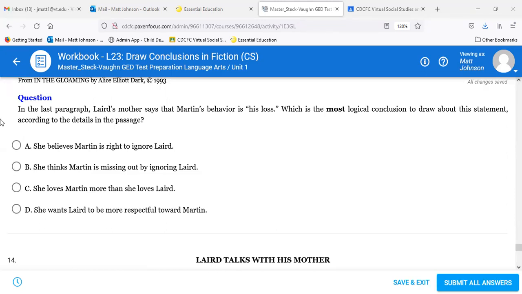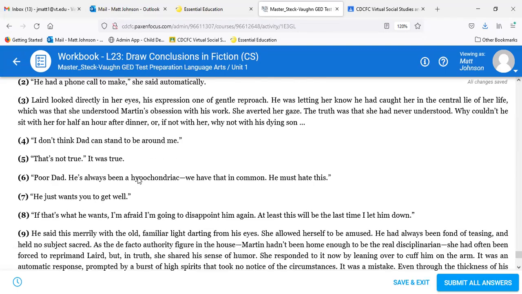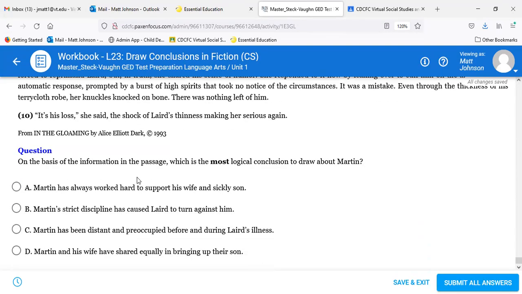C, she loves Martin more than she loves Laird. Or D, she wants Laird to be more respectful towards Martin. Is it B? B. Yeah, thinks he's missing out, right? That's very obvious there. It's his loss that he's not here. And then 14, final question.